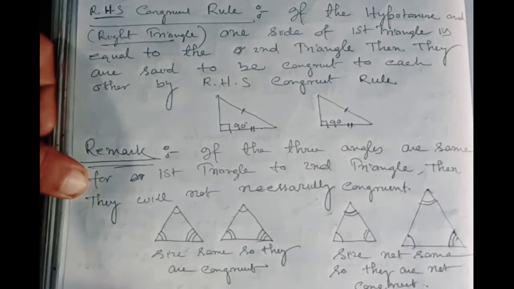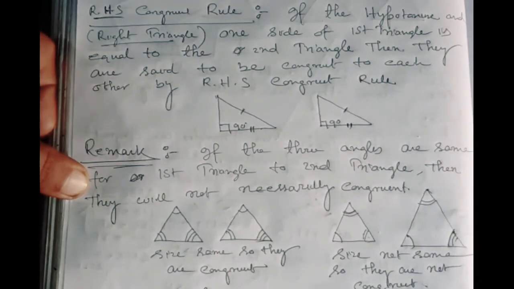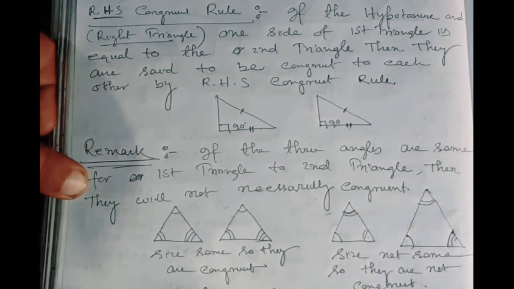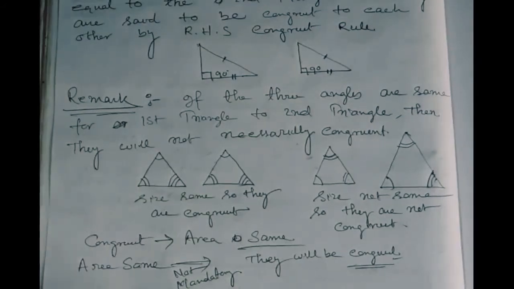If two figures are congruent, then the area will be the same. But if the area is the same, then it is not mandatory that they are congruent. Okay, so these things we have to remember.